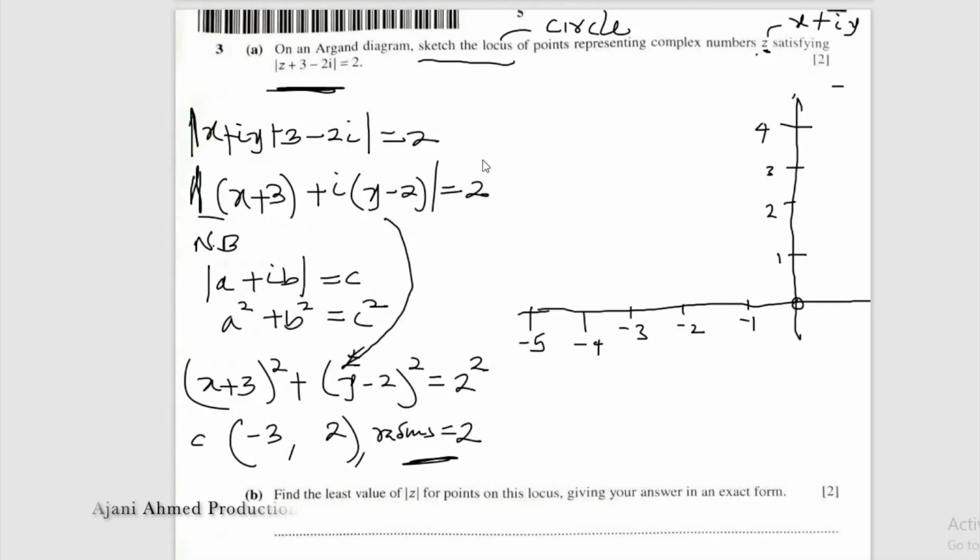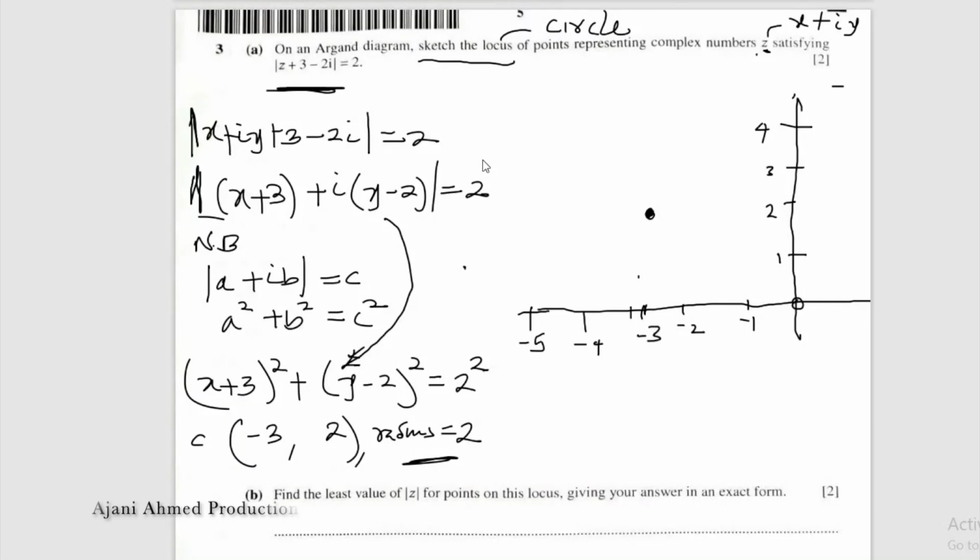Remember, when x is minus 3, y is 2. This is it, between minus 3 and 2. So let me put the minus 3, and put it.